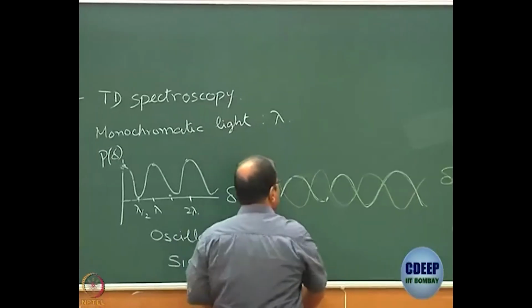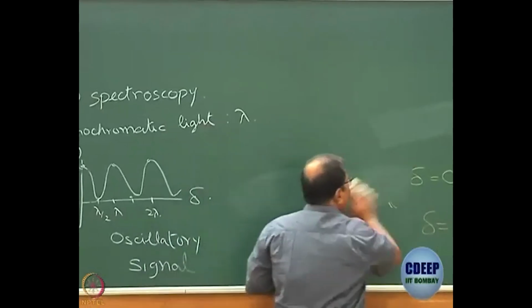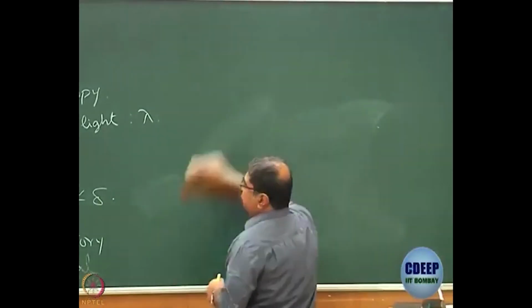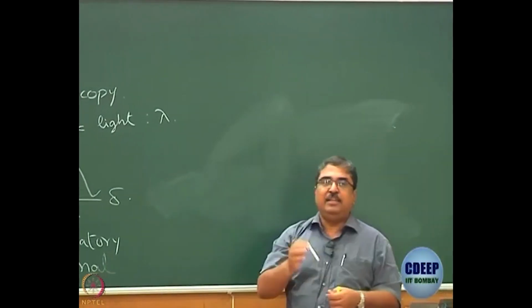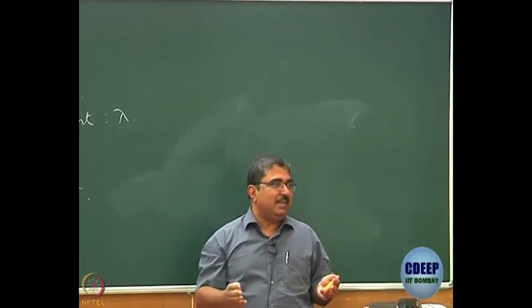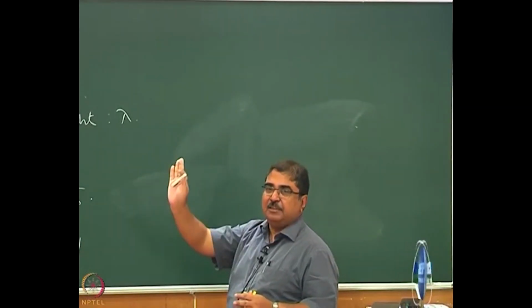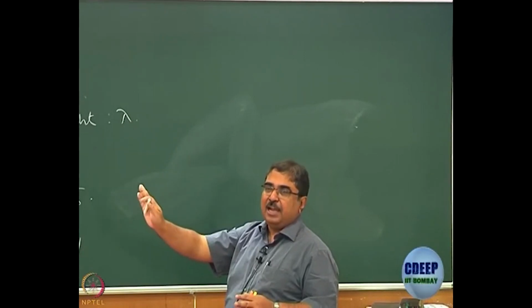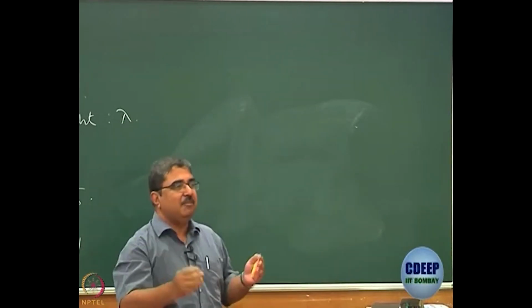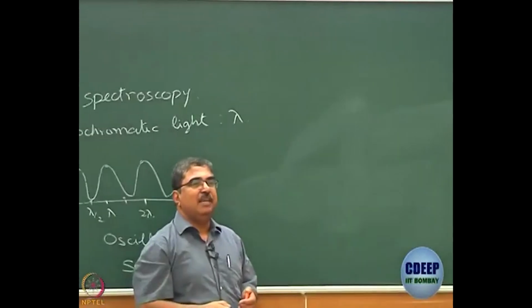Alright, now of course, when you do a measurement like this, you want to automate everything, right. So, what is done in this instrument is, this moving mirror is moved at some constant velocity, let us say Vm, very easy to remember, V for velocity, M for mirror.